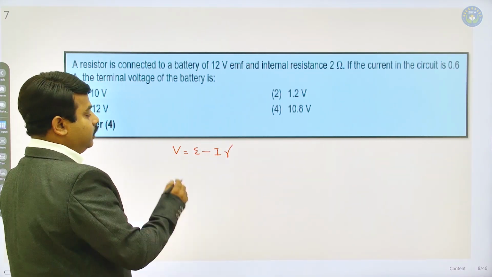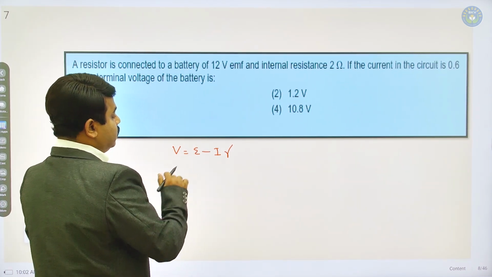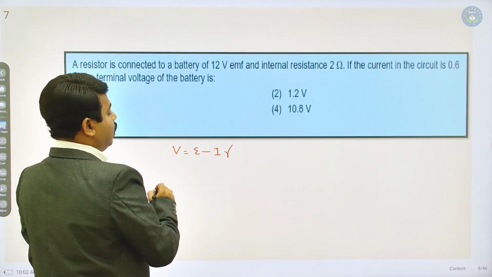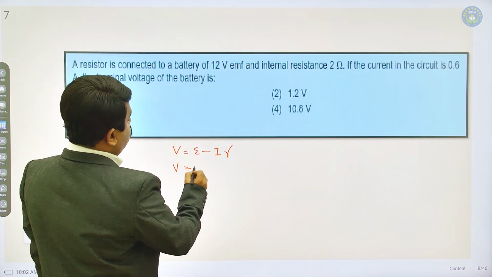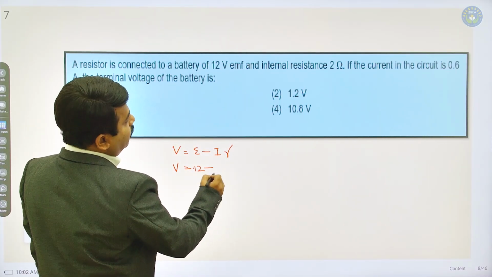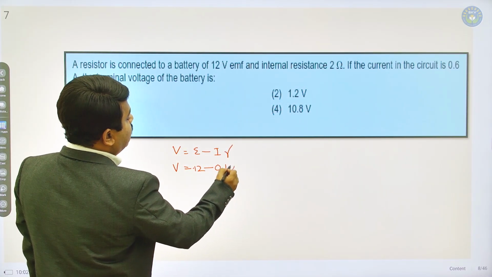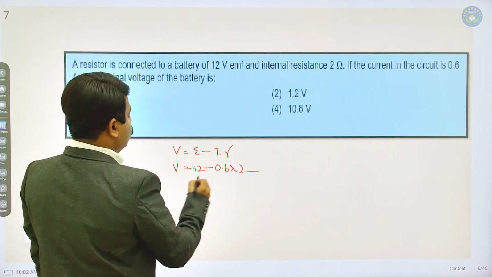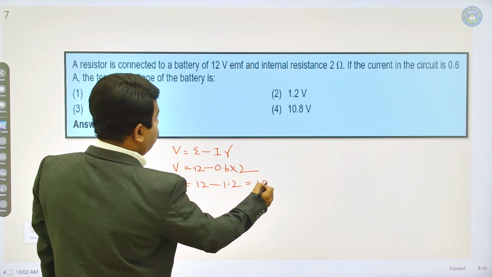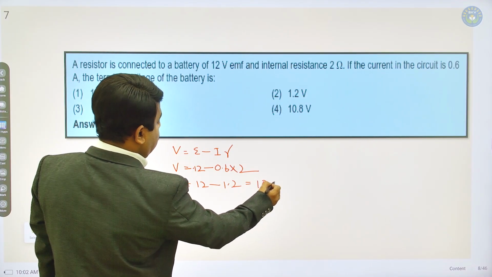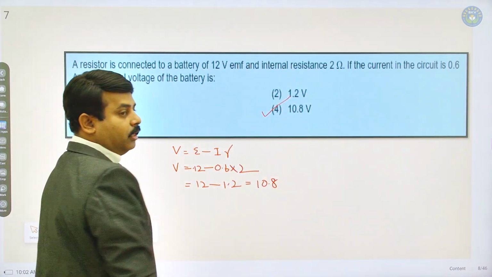This is the terminal voltage across the cell when current passes through the external resistance. Here EMF is given as 12 volt, current 0.6 ampere, and internal resistance 2, so 12 minus 1.2, that is 10.8, right? Option 4 is correct, right?